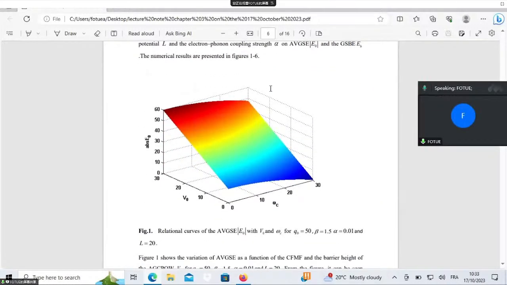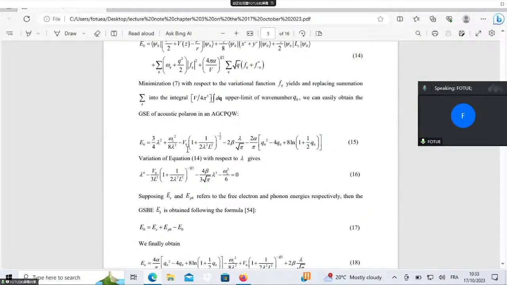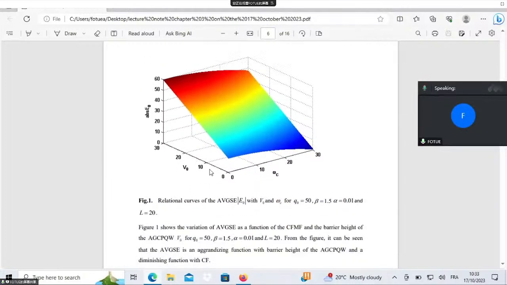So let us start by evaluating this ground state energy E0. We see, for example, that here, this is the increased value of the potential height. And here we have, for example, the increased value of the cyclotron frequency. We talk in terms of the cyclotron frequency here, which means talking in terms of the magnetic field.